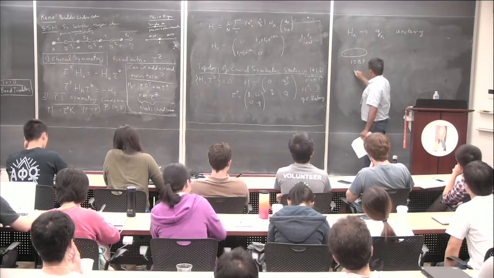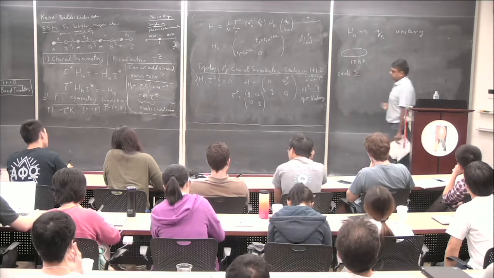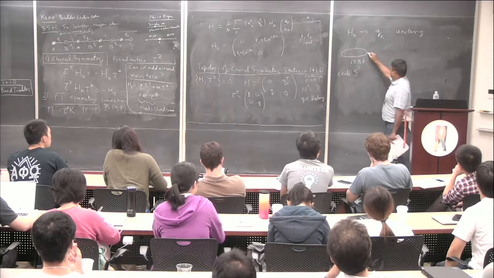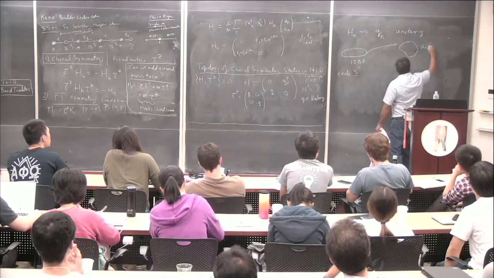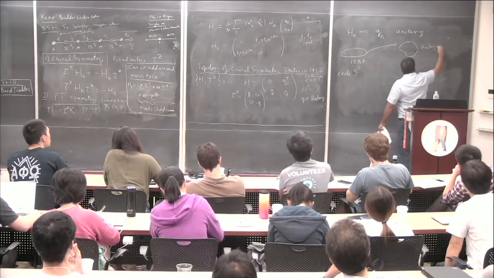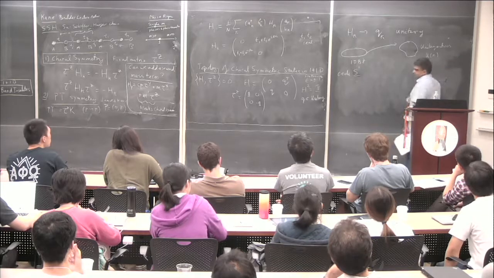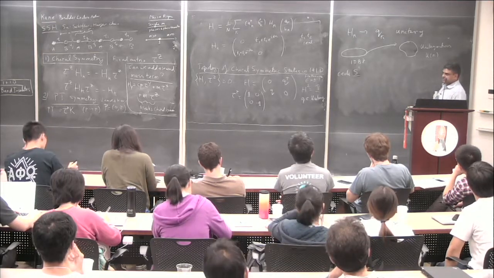This is really just a circle, S1 if you like, labeled by momentum k. You want to take maps from this to the space of unitary matrices, and you want to know what are the topologically distinct sets of maps.